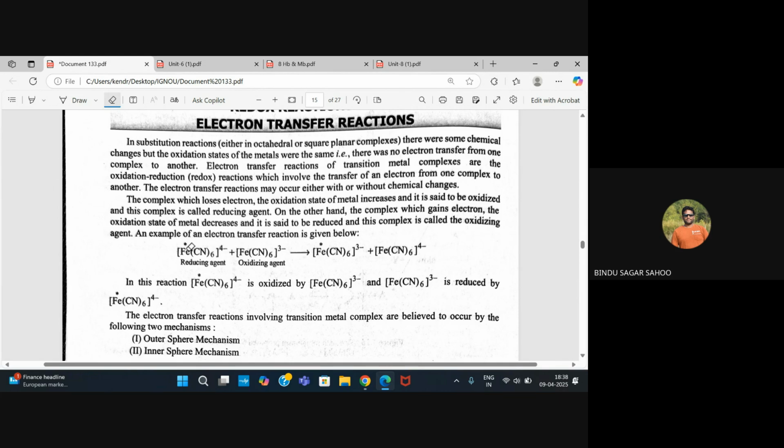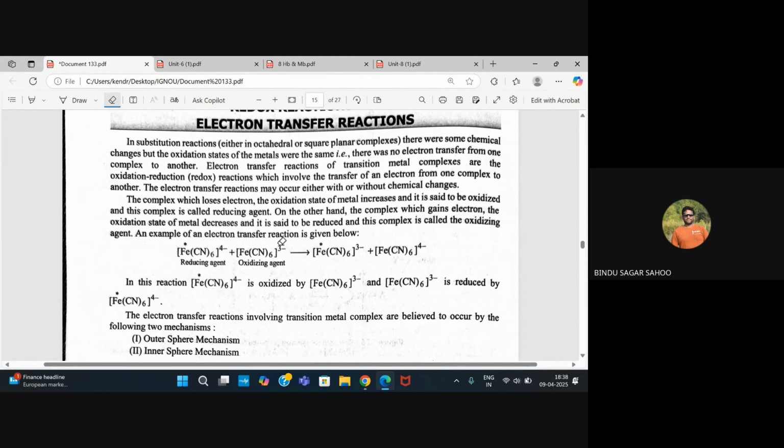So when an electron transfers from this complex to this complex, the product is Fe(CN)6 3-, where the oxidation state of Fe is plus 3, and here the oxidation state of Fe is plus 2. That means the electron transfers from this one to this one. The electron flow always occurs from the reductant side to the oxidant side, or from the reducing agent side to the oxidizing agent.